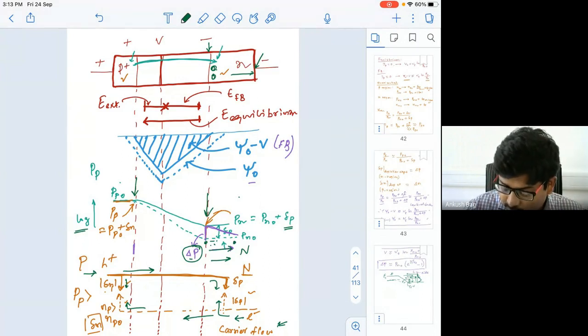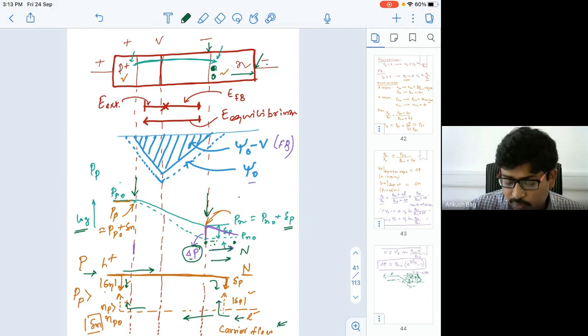At the same time, focus on this concept: here we have holes, and we are applying a negative terminal, so holes will be attracted towards this negative bias.